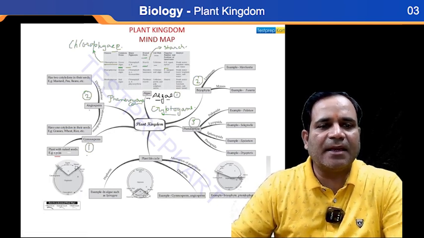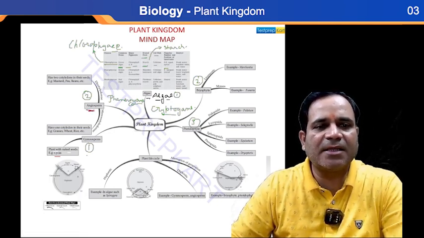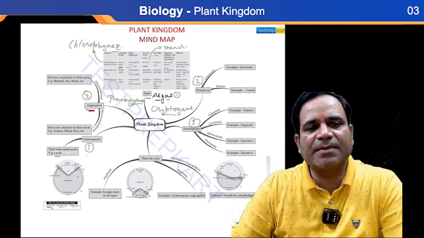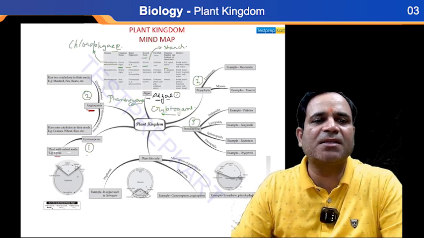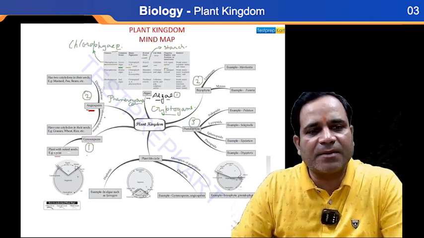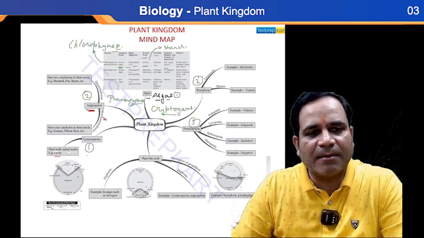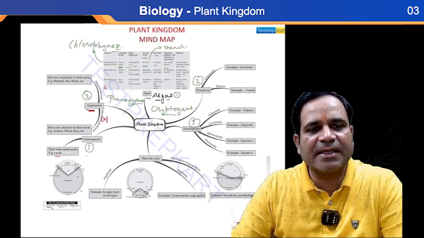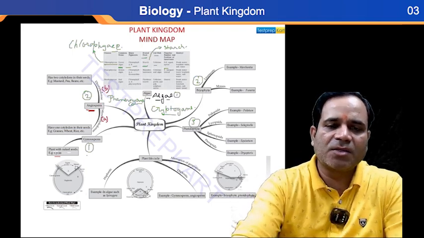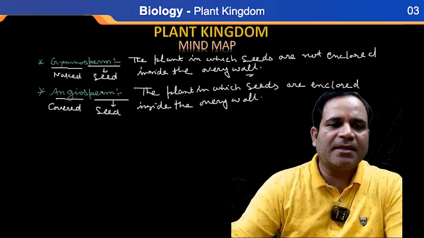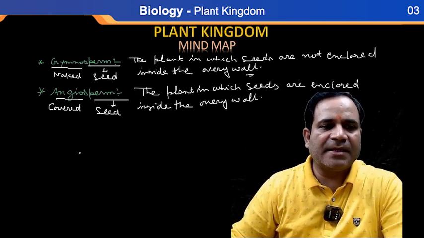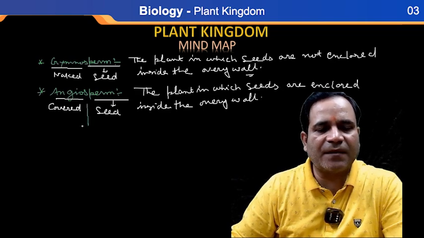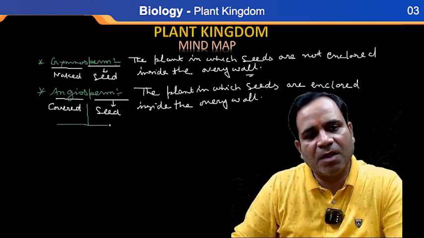Here the angiosperm is given. This angiosperm is further divided into two parts on the basis of cotyledon, my dear. Further divided into how many parts?